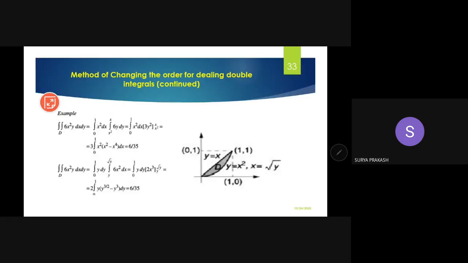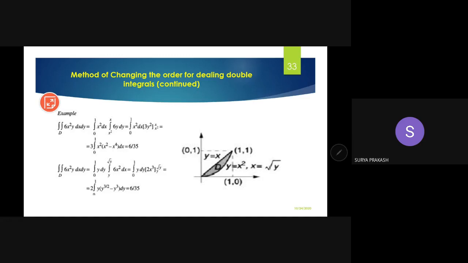Look at this slide. For both of these, as I mentioned, in the first one on the top, he is doing first with respect to y, then followed by x.